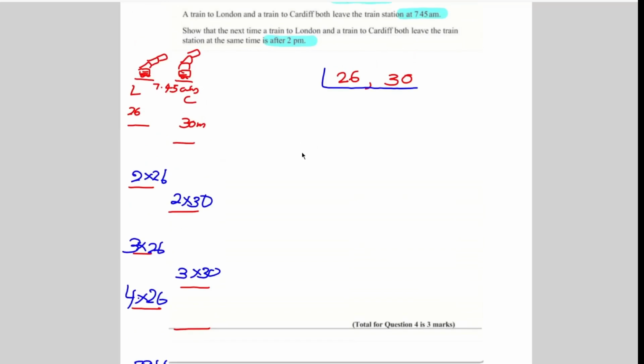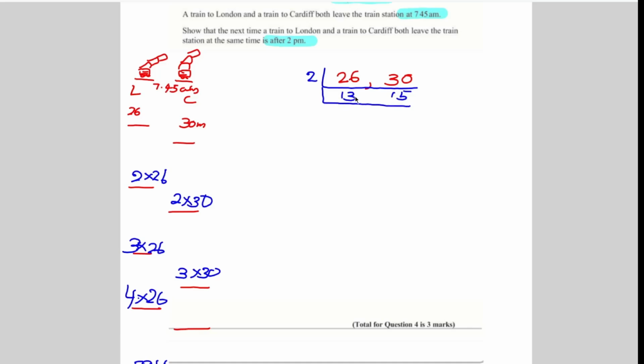To figure it out, we need to get the lowest common multiple. At what is the lowest multiple that they both align? So you need to get the LCM. Let's get what the LCM is. So I'm going to divide by 2. This is 13, 2 times 13 is 26. 2 times 15 is 30.